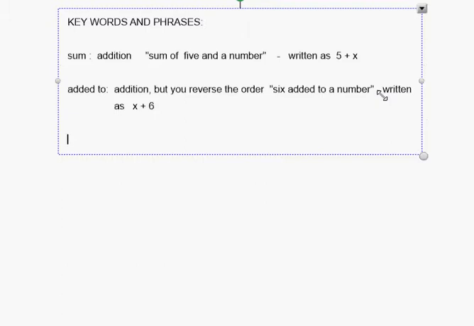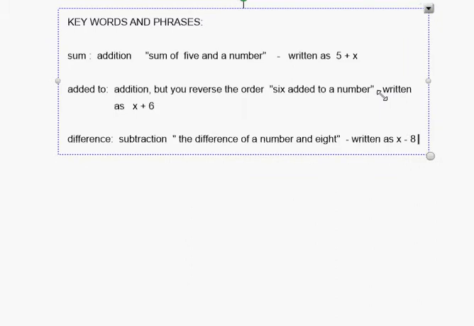That's what I mean by reversing the order. Difference. That means subtraction. And you could say the difference of a number and 8, and that would be written as x minus 8.